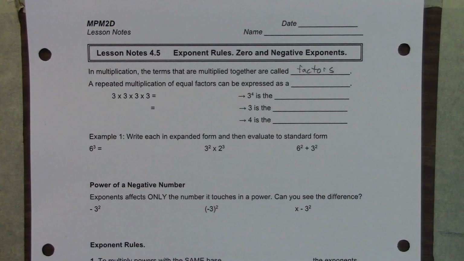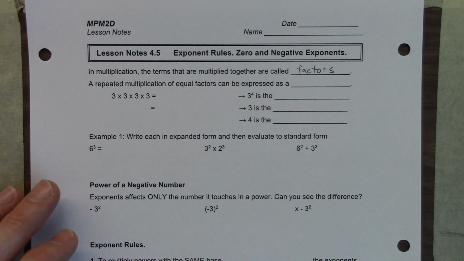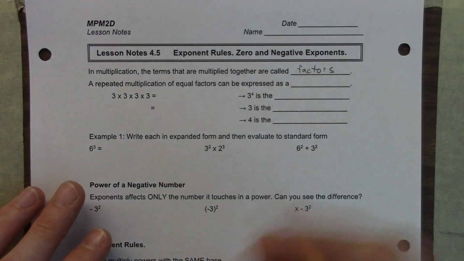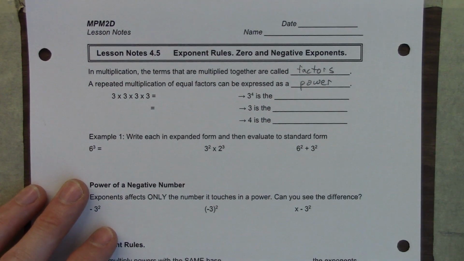Okay? When a repeated multiplication of equal factors can be expressed as a... when something's repeated, yeah. Janaine? Sorry, power, yeah. Is that what you said, power? Yeah. Can be called a power.